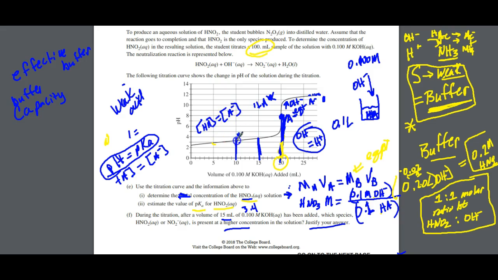But now they've gone on and added more, so what's happening? Am I getting more HA? No, I'm tearing that stuff apart as I drop in my OH minus. So as we add more OH minus, HA decreases and A minus increases, up to the point where that's all you've got left in your solution at the equivalence point. So what's my A minus? It's NO2 minus.